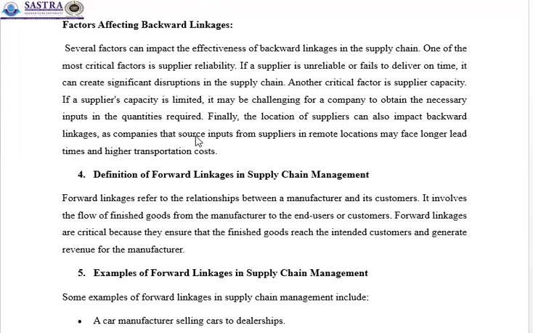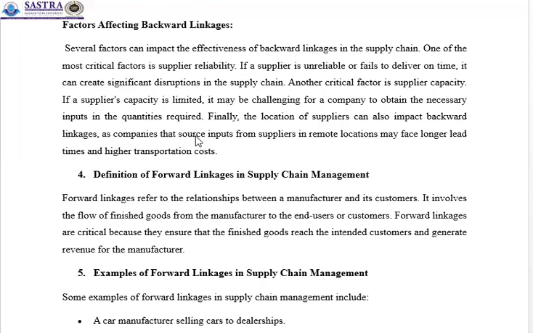Forward linkages are critical because they ensure that the finished goods reach the intended customers and generate revenue for the manufacturers. So the manufacturer is reaching the product to the end user or to the end consumer.